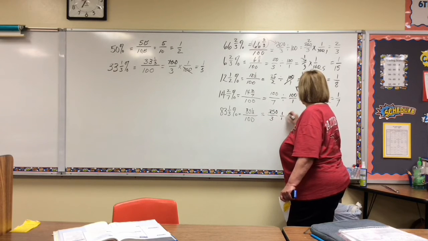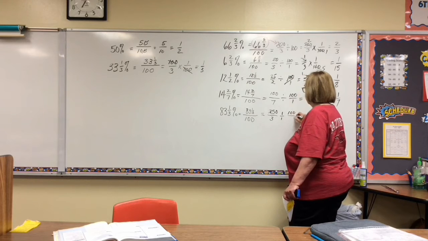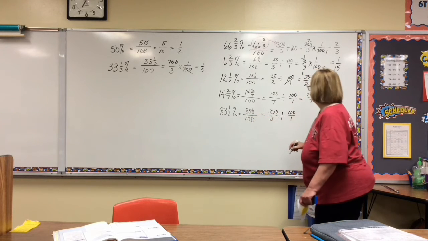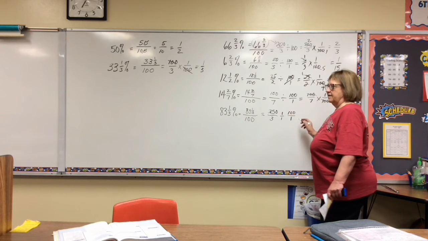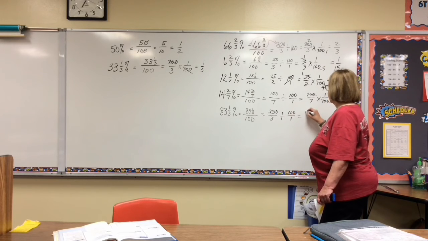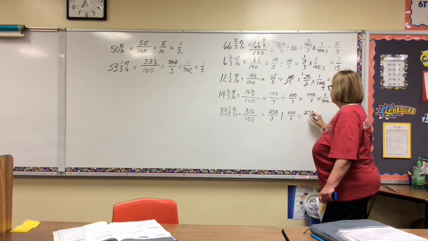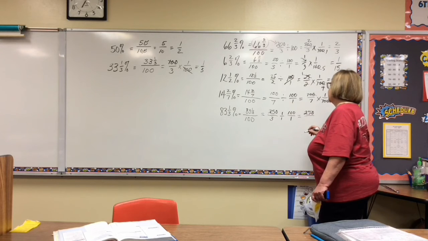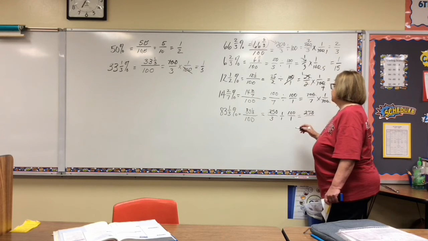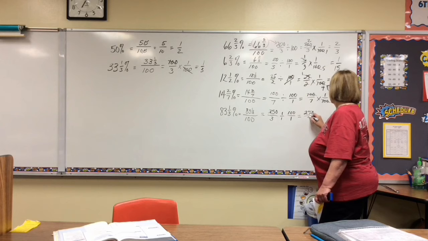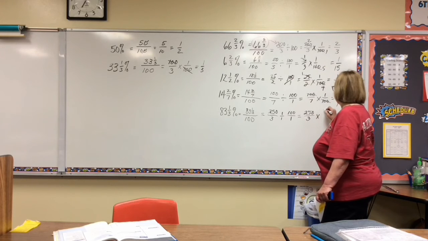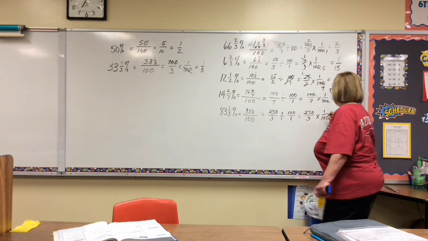Okay, we divide it by 100 over 1, because that's what percent means. Now, instead of dividing, I'm going to multiply by the reciprocal. 250 over 3 times 1 over 100.